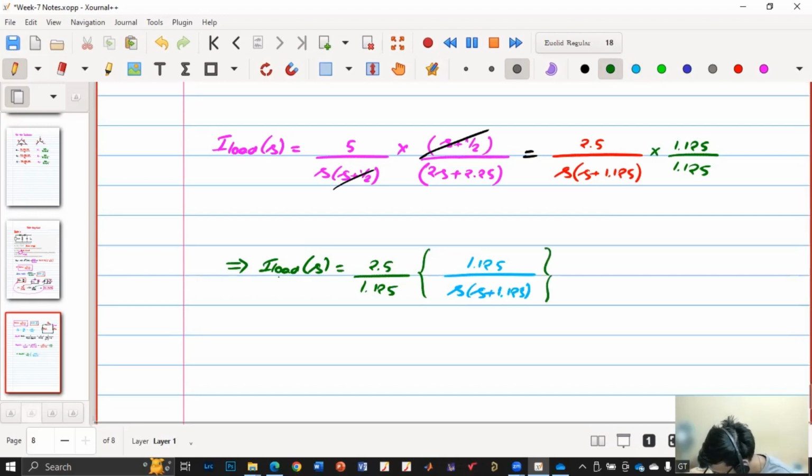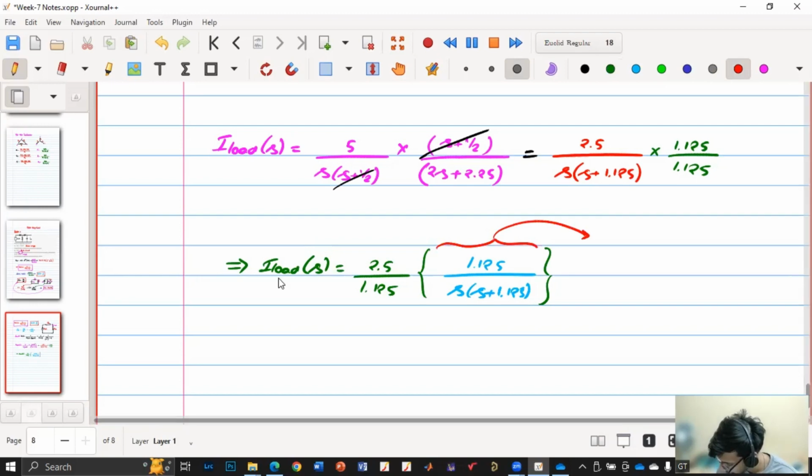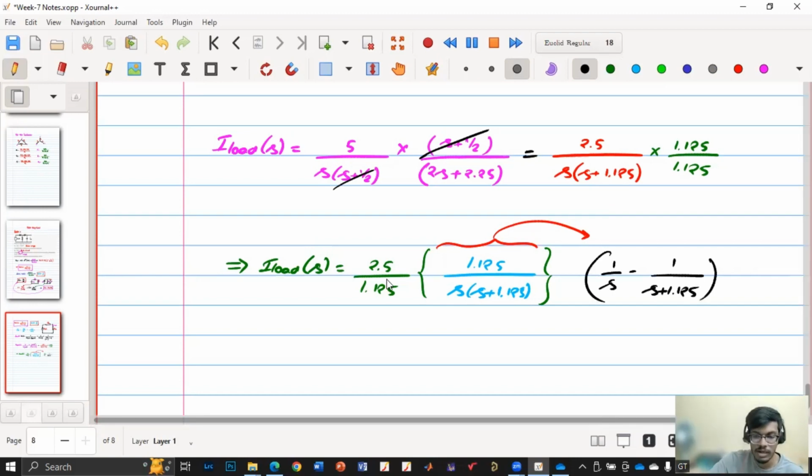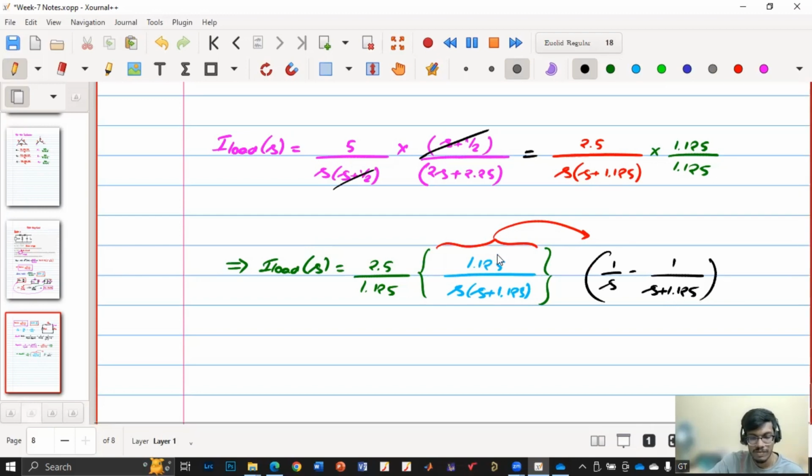Now this part can be written as 1 by S minus 1 by S plus 1.125. So inside the bracket, whatever is there, we can simply write in this way. For that, we need 1.125 in the numerator. For the same reason, I have considered 1.125 in the numerator and denominator, and I have accordingly changed.